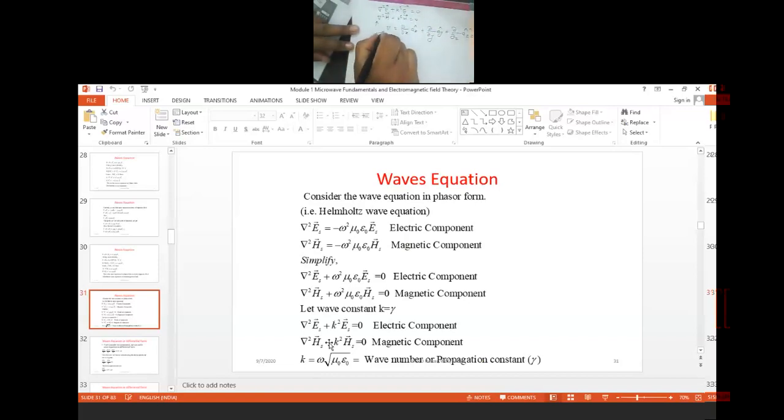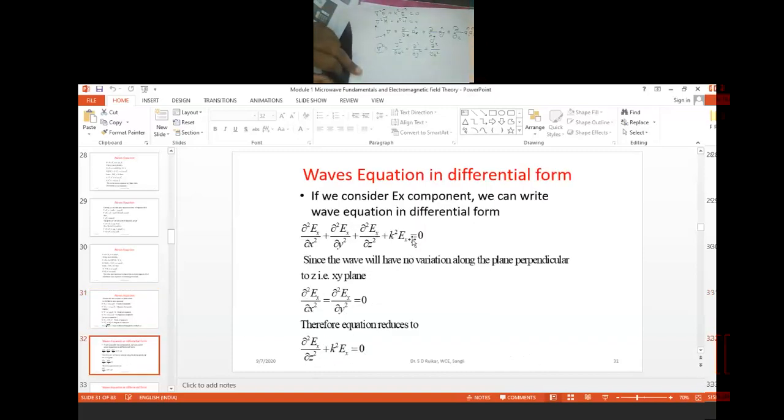Del square is dou square by dou x square, plus dou square by dou y square, plus dou square by dou z square. If we simplify the wave equation in terms of the del operator, we get the equation likewise.